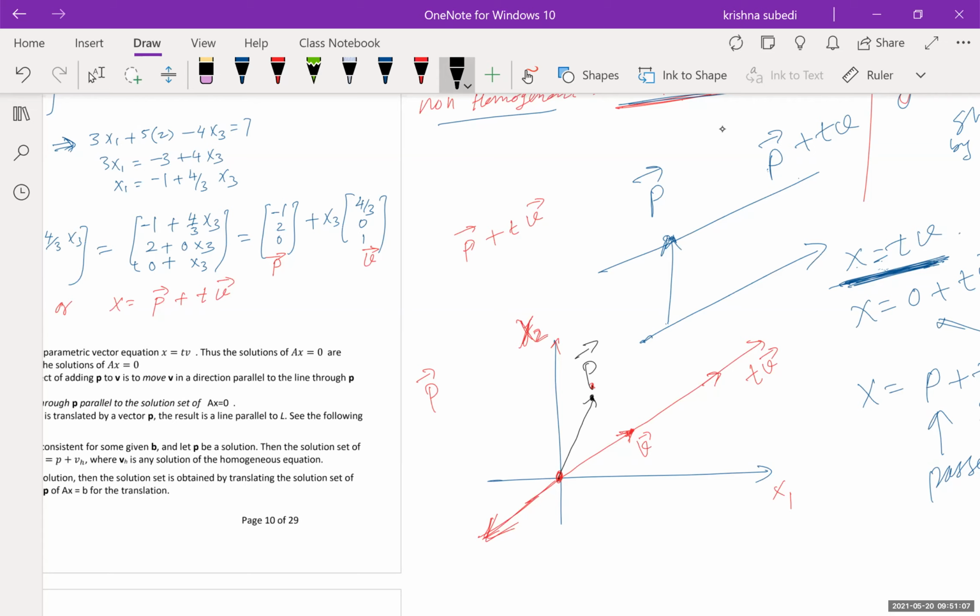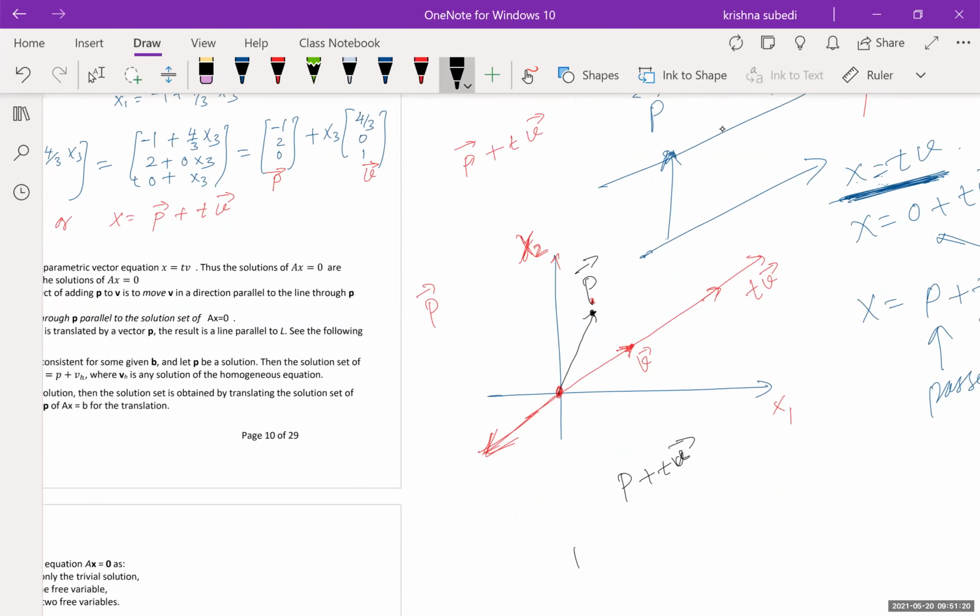Then when I say P plus TV, it means the vector passes through P and is parallel to TV. That's the meaning.